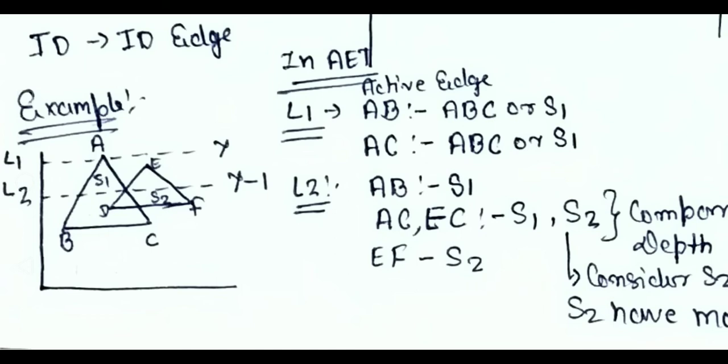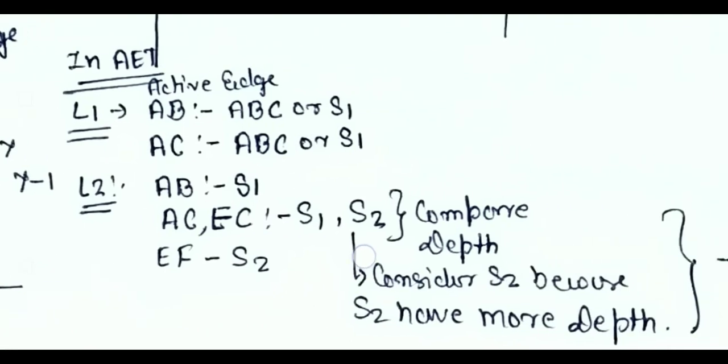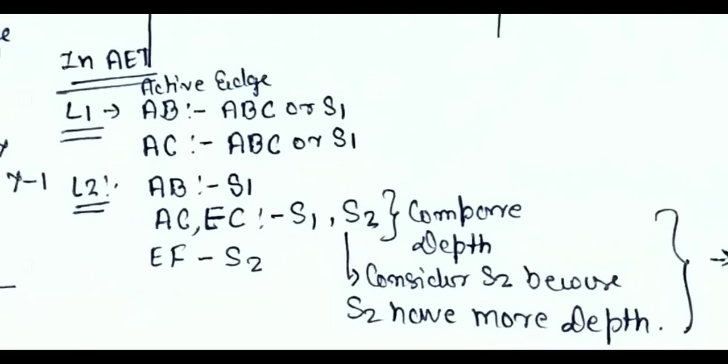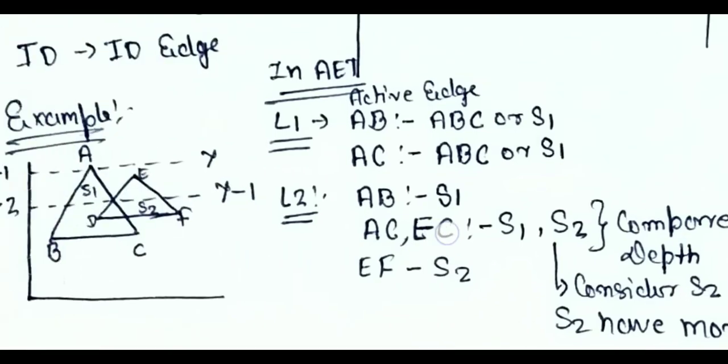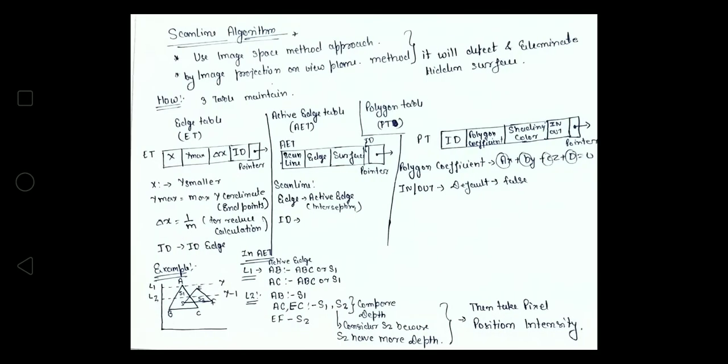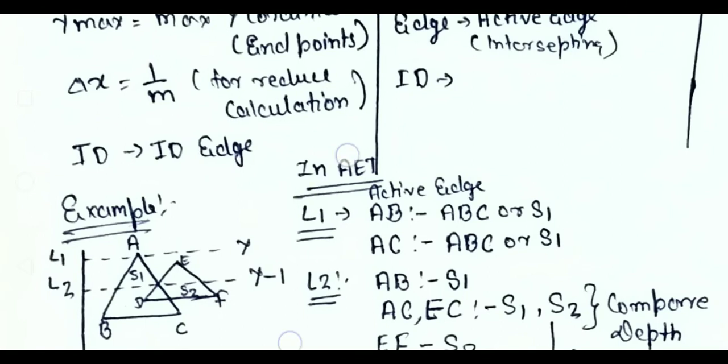Now how will the intensity value be checked? We have to compare the depth of the surfaces. Whichever surface has more depth, we have to consider that surface. In the diagram you can see which one has more depth.